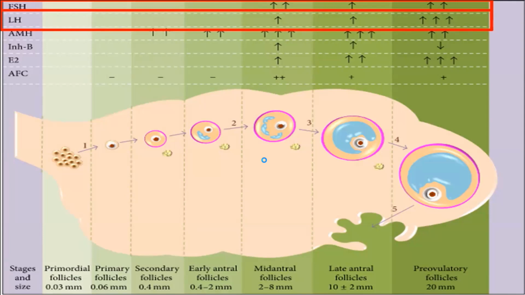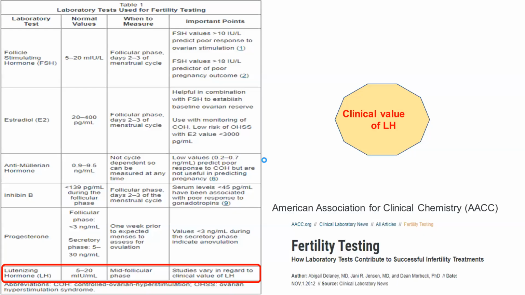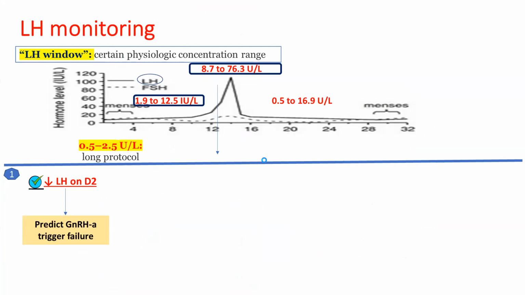Of course, LH increases in the pre-ovulatory phase, and at the basal time it should be low on day 2 or day 3. So LH is measured at the beginning of the menstrual cycle, day 2 or day 3. It should be correlated to FSH, as I told you, as a biochemical test of ovarian reserve.